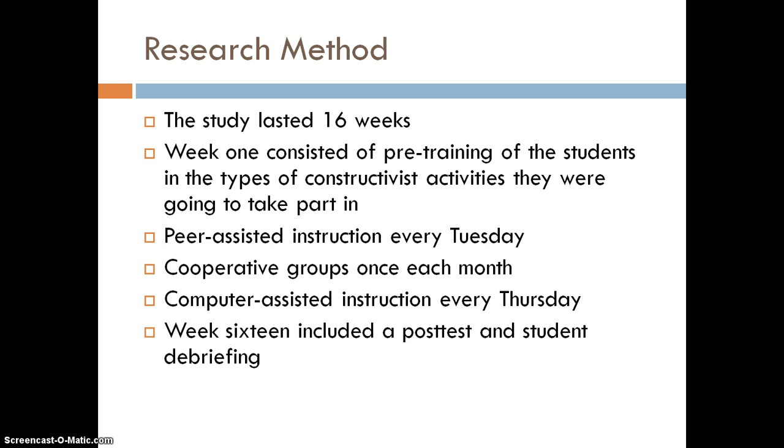Week 16 included a post-test and a student debriefing where she met with each student, and these meetings also occurred throughout the study. They ran biweekly reports on the CAI, and she would go through those results with the students, and also there were some other adjustments that we'll mention later that were made throughout the time.